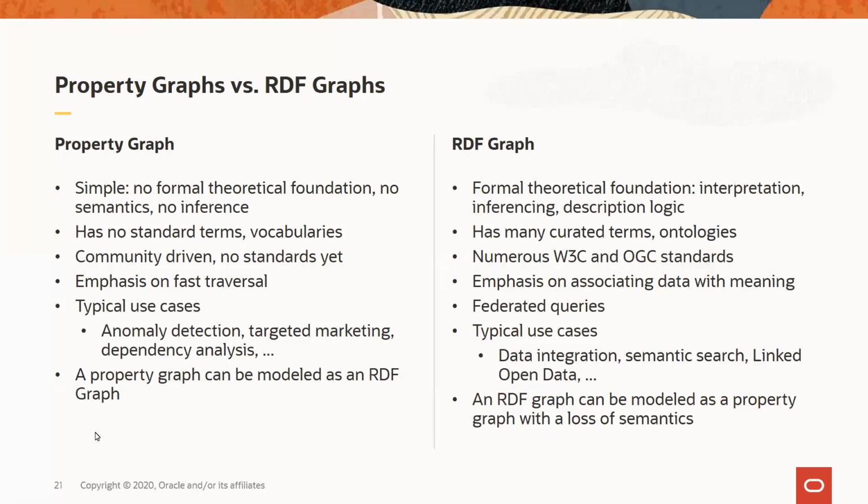And it also allows you to do inferencing. You have all the description logic going along with it. You have fixed vocabularies, curated terms, ontologies, all the standards that go along with the RDF knowledge graph, which make it a bit of a steeper learning curve from my perspective, but which make it a very powerful thing to use for, as I said, associating data with meaning.